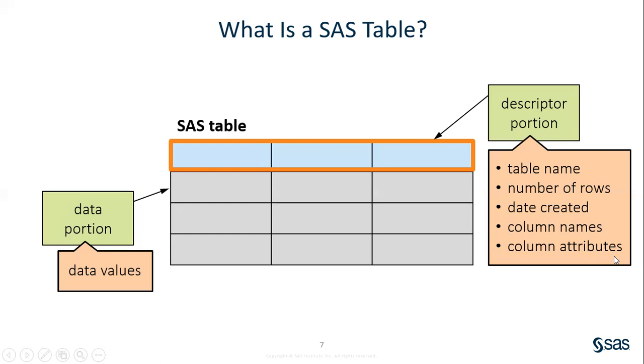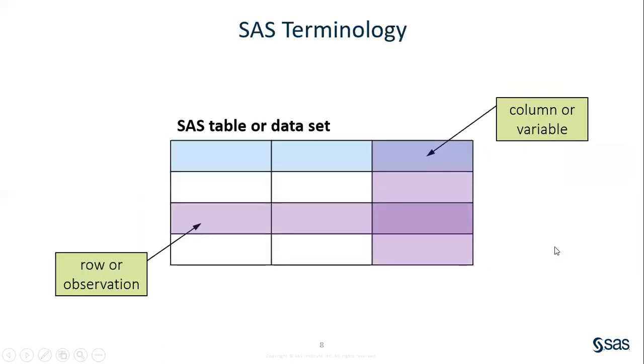Attributes, as I said, are characteristics, that is the name, the type of column, and the length of that column. All that is saved as the descriptor portion for every table we work with. All right, so these are the terminologies as we had already described: a table in SAS is termed a SAS data set, the columns are termed variables, and the rows are termed observations. All right.